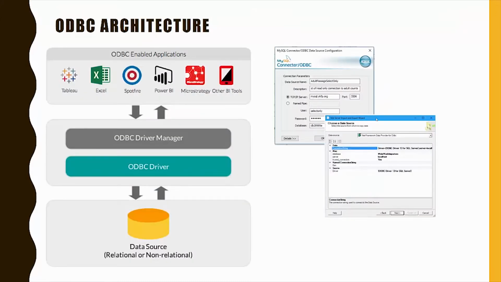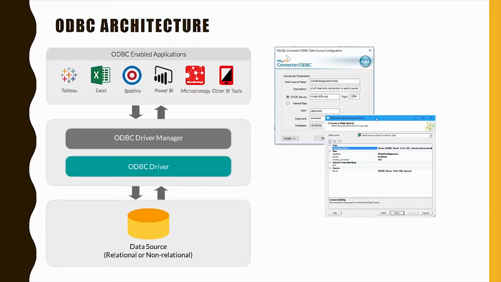ODBC architecture. ODBC plays the important role for standards-based data access in both relational and non-relational database management systems. There are many ODBC compliant applications such as Microsoft Excel, Tableau, Crystal Reports, and Microsoft Power BI.